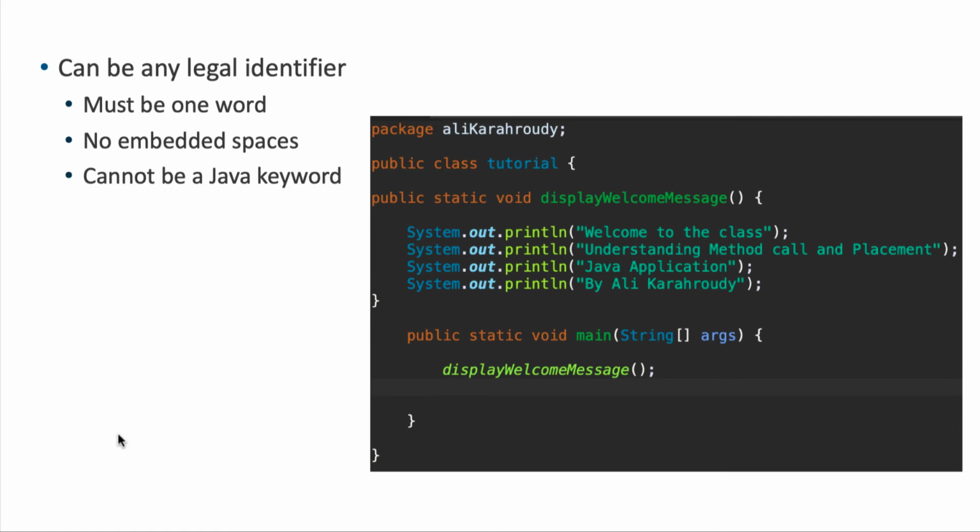Technically, you could even name another method main as long as you did not include String within the parentheses. But doing so would be confusing and is not recommended. Because methods do something, that is, perform an action, their names frequently contain a verb, such as displayWelcomeMessage.